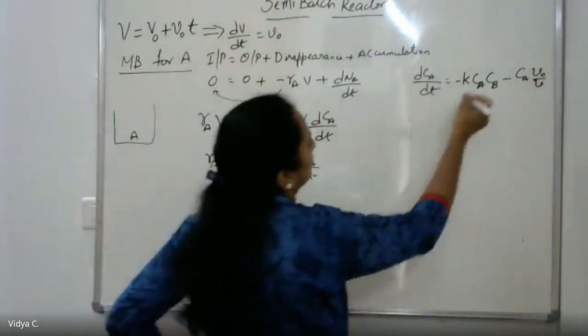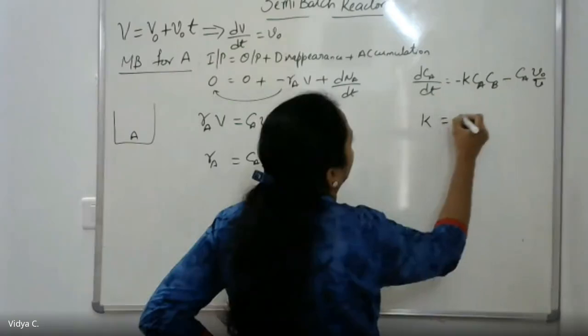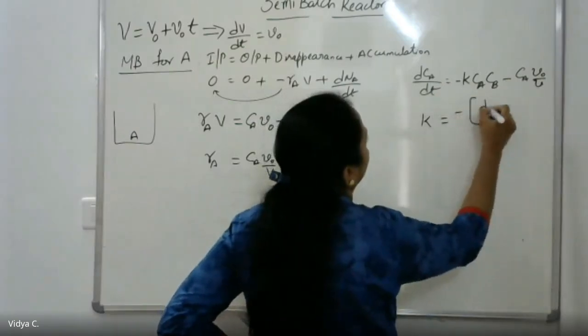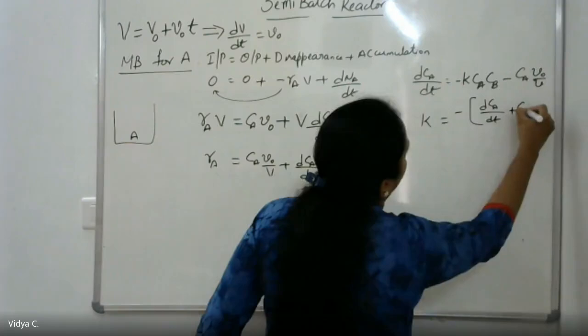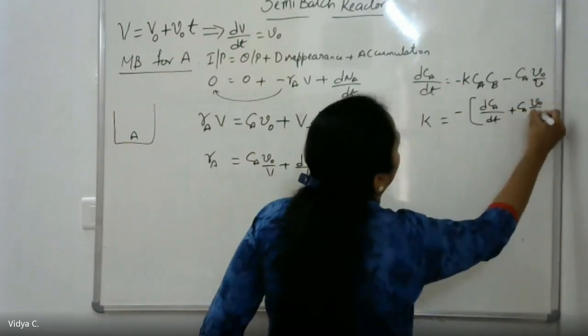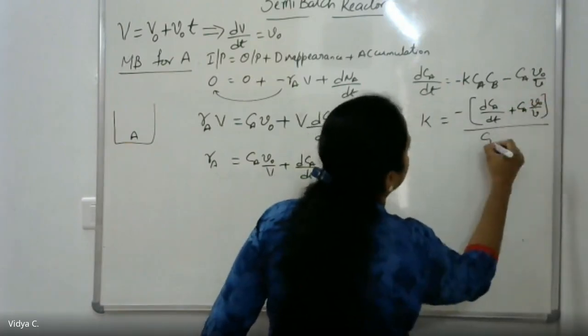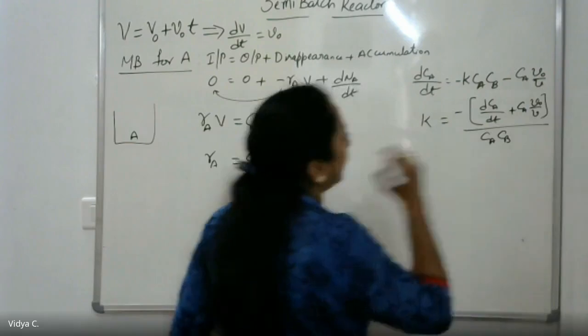And I can also get an expression for K now. K will be minus of dCA by dt plus CA into V naught by V, divided by CA CB.